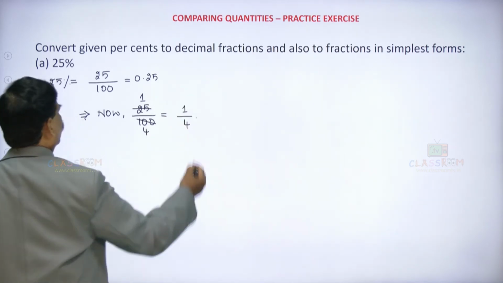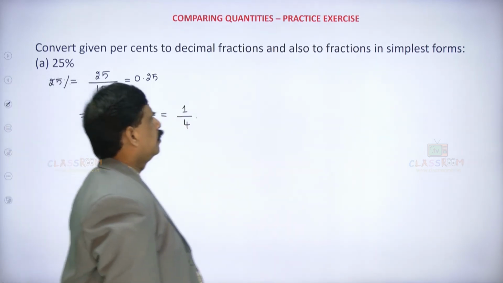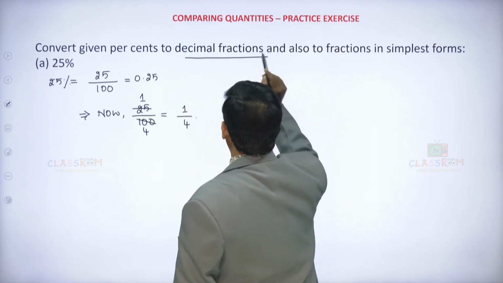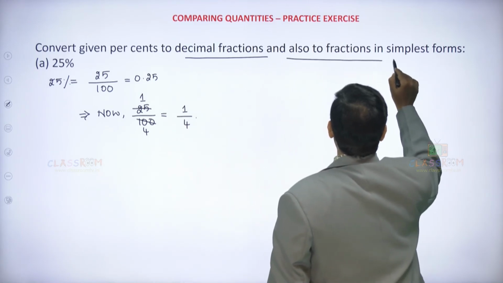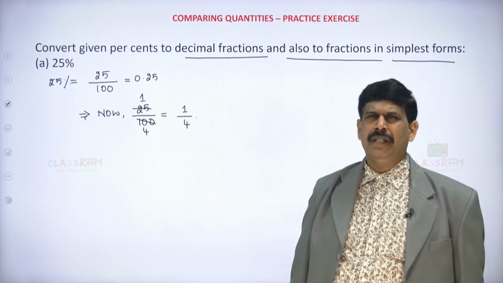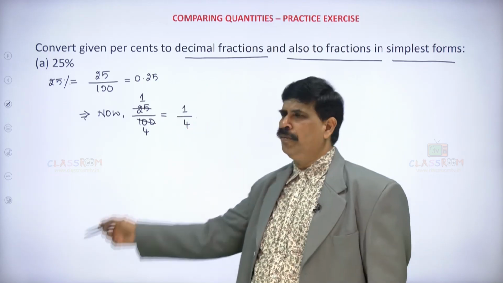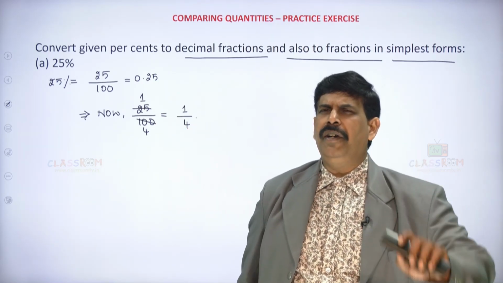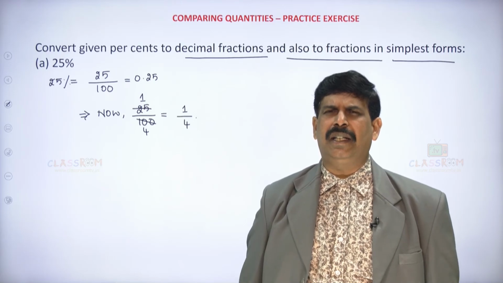So it is 1 by 4. Clear? Simplest form in the sense the numerator and denominator should not have any common factor other than 1.